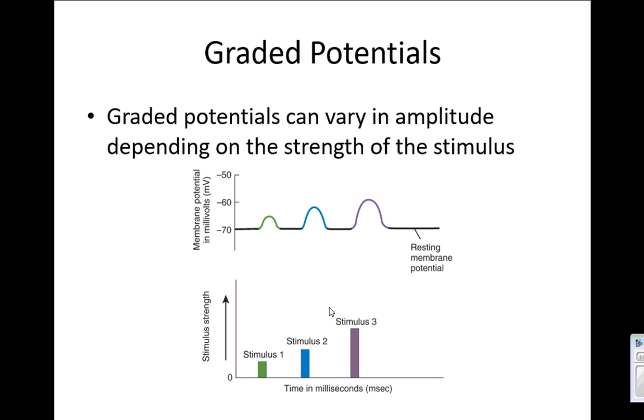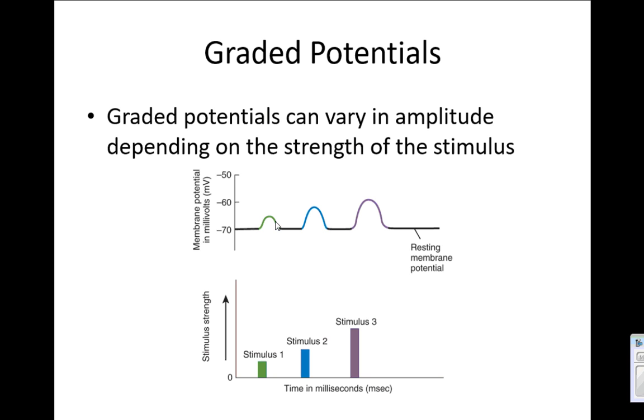Now, when sodium rushes in, sometimes just a little bit of sodium will rush in. Sometimes more, sometimes a lot more. We can see that here with our 3 graphs as a result of 3 different stimuli. Here, a very weak stimulus only allows a small graded potential to occur.